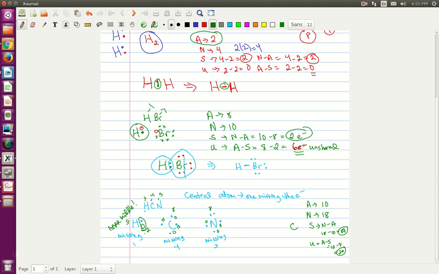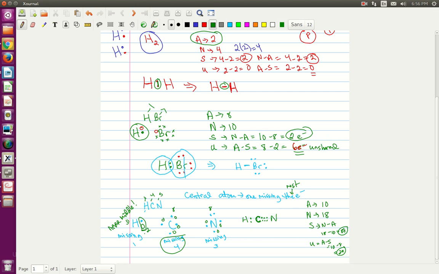All right, now let's see if we can write this atom. I'm going to pause it and I'm going to write it real quick. Okay, I wrote most of it down. Notice I put carbon in the middle because carbon is the one missing the most electrons. And then I put hydrogen and nitrogen on either side to spread them out.